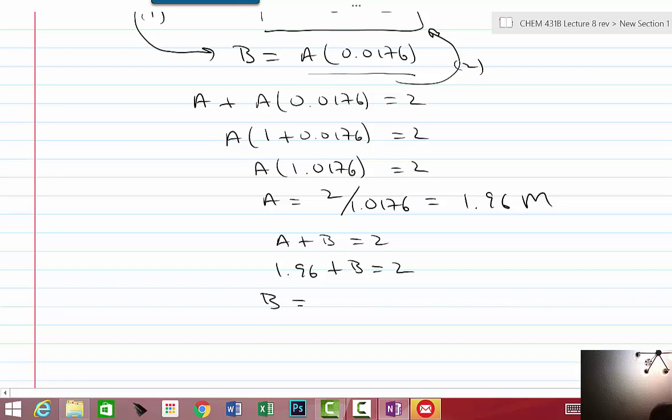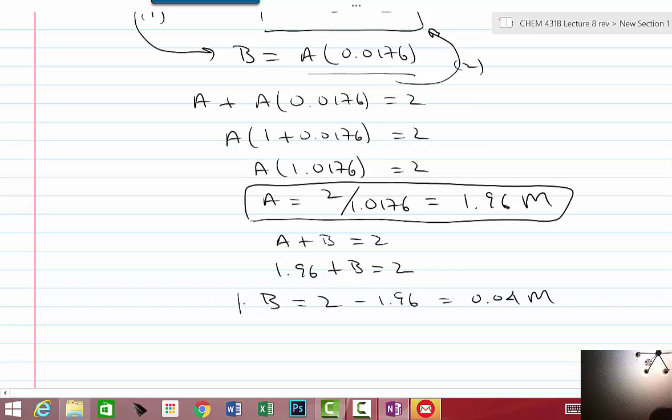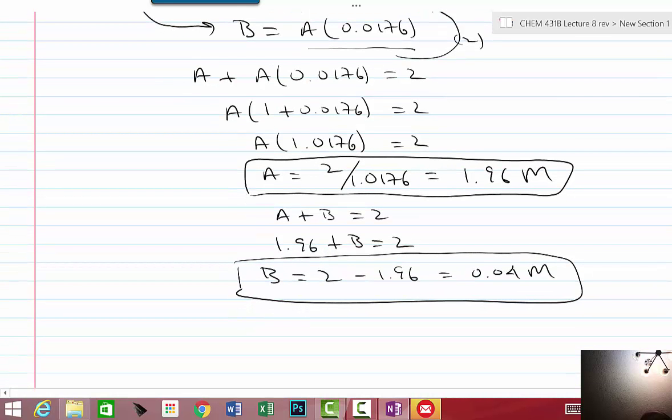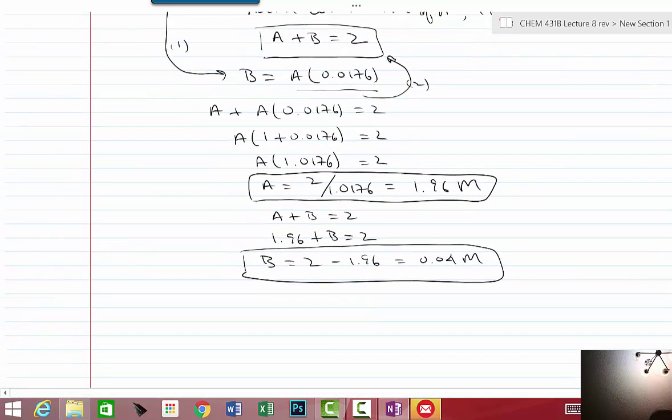So B is going to be equal to 2 minus 1.96, which equals 0.04 molar. So we figured out the concentrations of A and B under standard conditions, where we start off with 1 molar each of A and B. At equilibrium, we have a lot more A than we do B. And you can do the same thing for B going to C as a separate exercise.